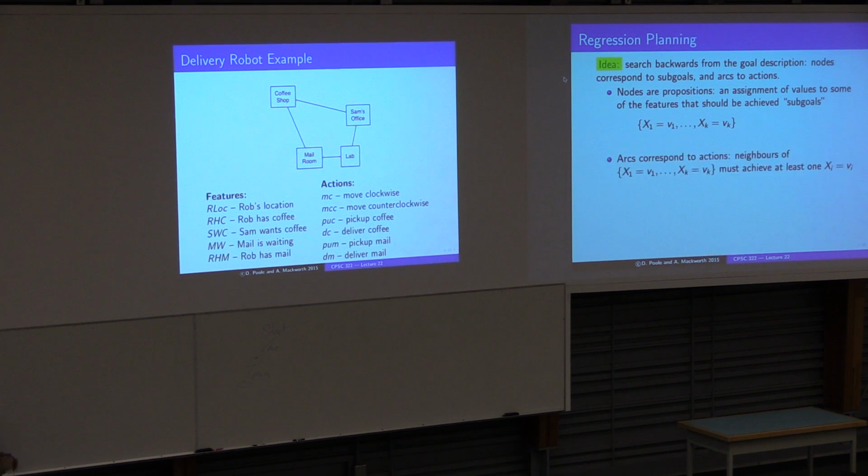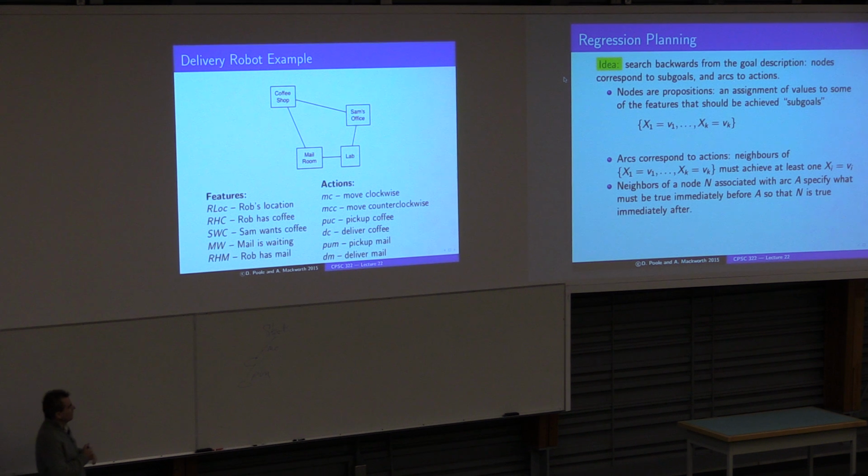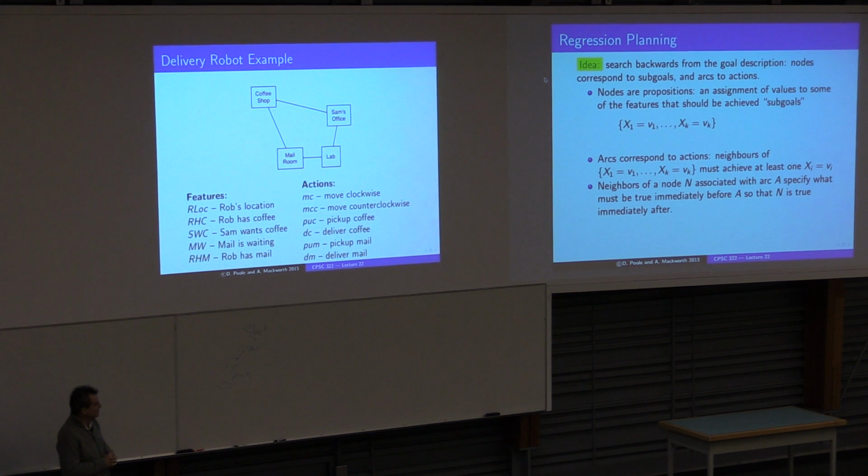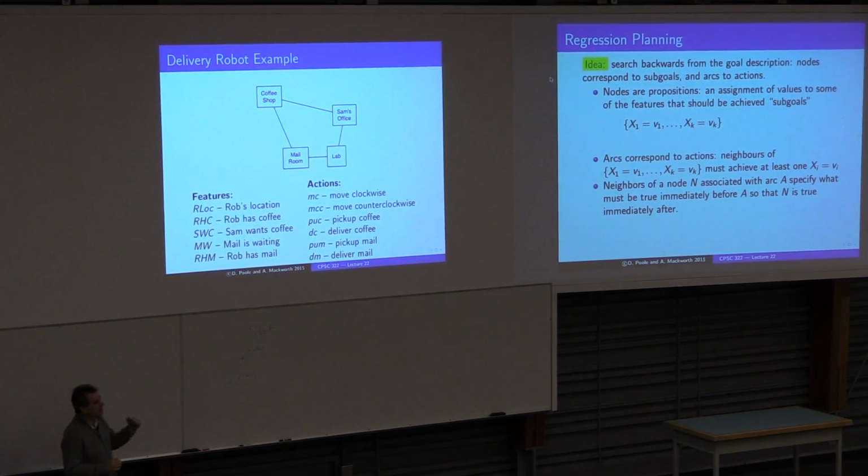And arcs are going to correspond to actions. And the neighbors of this particular node are going to achieve at least one of the variables that need to be assigned. So it's essentially we're thinking about what the last action is that's going to achieve this goal. And the neighbors of some node associated with an arc specify what must be true immediately before the action, so that n is true immediately after.